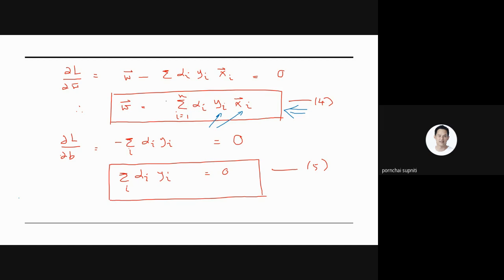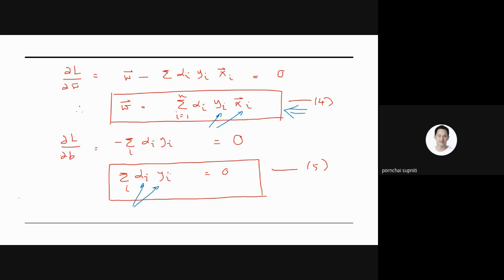We also get the condition that alpha multiplied with the target for each support vector, summed together, gives 0.